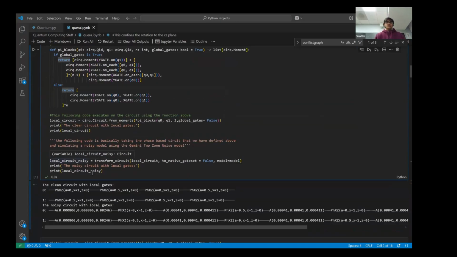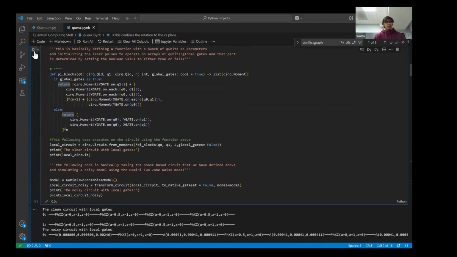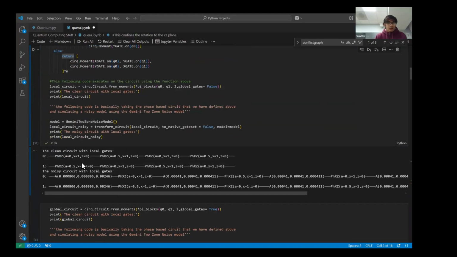This is going to give you the errors associated with each operation, and we can see over here that we have our circuit defined by the X gates and the Y gates. And in the bottom, we can see the different errors associated with applying each of those gates on the qubits.